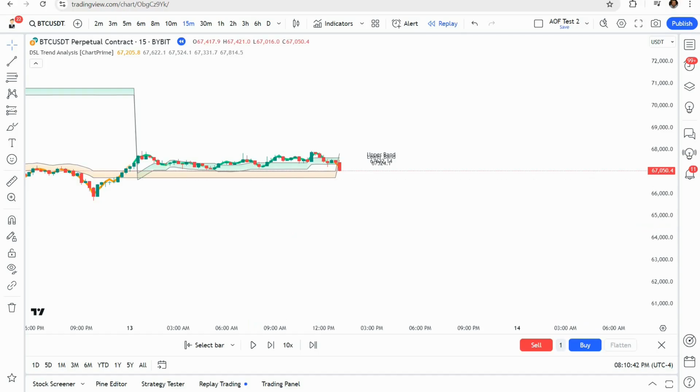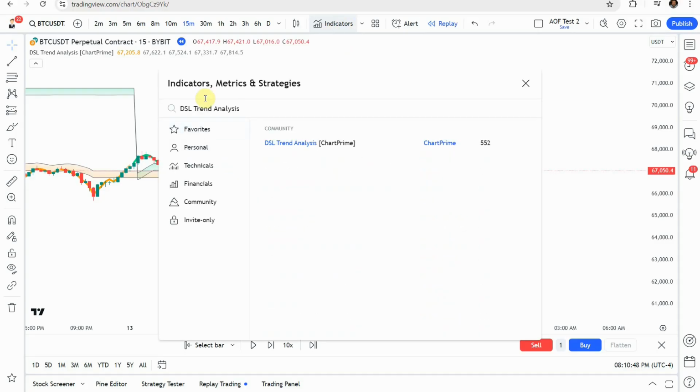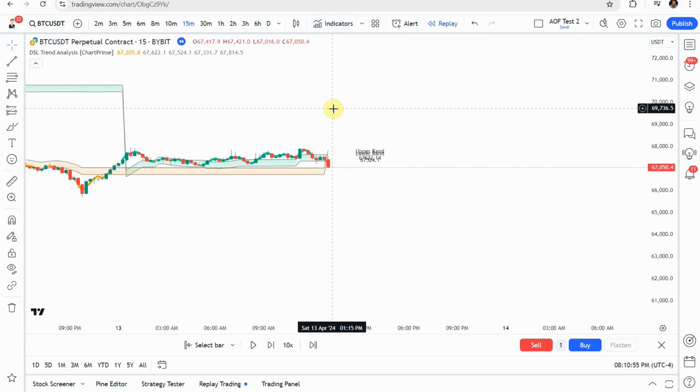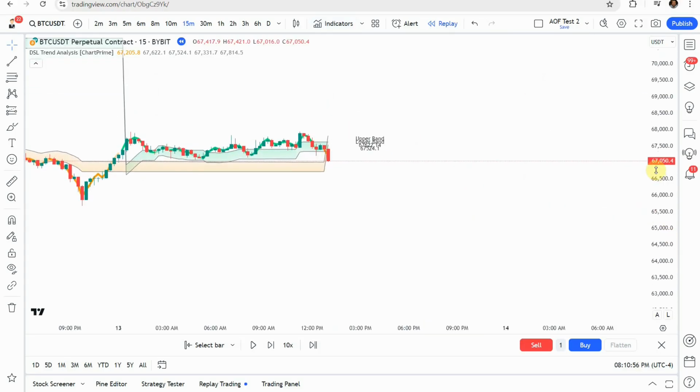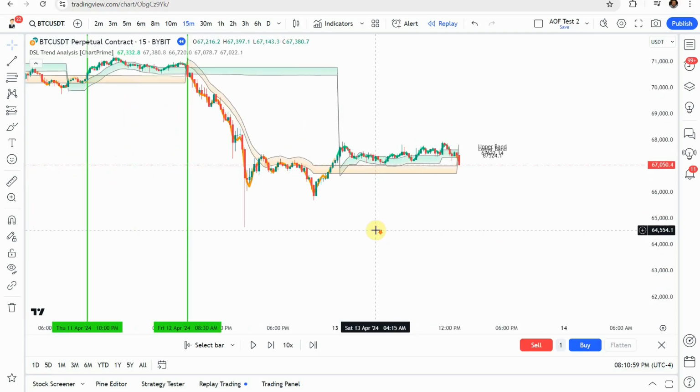And so the indicator we are specifically looking at and testing today is going to be the DSL trend analysis indicator, this one right here. Go ahead and click on that and add it to the screen. We'll keep the settings of this on the default settings.